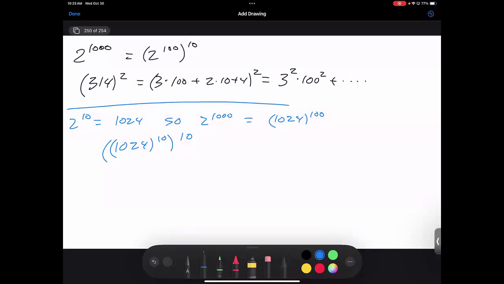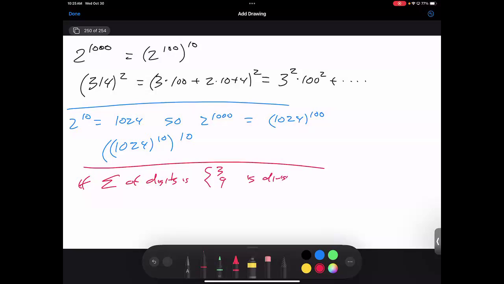Do people know divisibility rules? When is a number divisible by 3? When is a number divisible by 9? If the sum of digits is divisible by 3 or 9, then the number is divisible by 3 or 9.